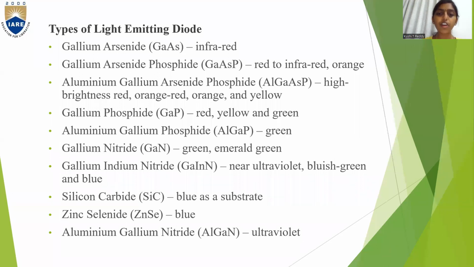Aluminum gallium phosphide, which is green in color; gallium nitride, which is green and emerald green in color; gallium indium nitride, which is near to ultraviolet colors, that is bluish green and blue in colors; silicon carbide, which is blue, used as a substrate; zinc selenide, which is blue in color; and aluminum gallium nitride, which is in the ultraviolet region.